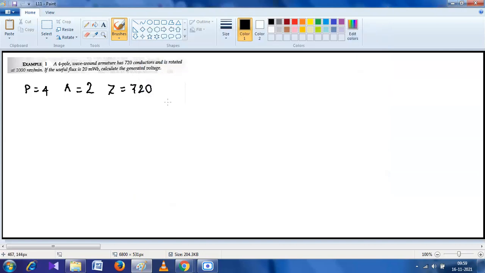If the unit of rotation is revolutions per minute, then in which letter do we denote that? Small n or capital N? Capital N. Good. Then the value of capital N is 1000 RPM.